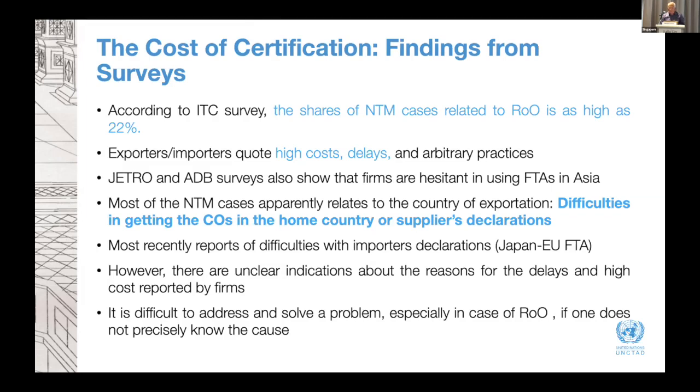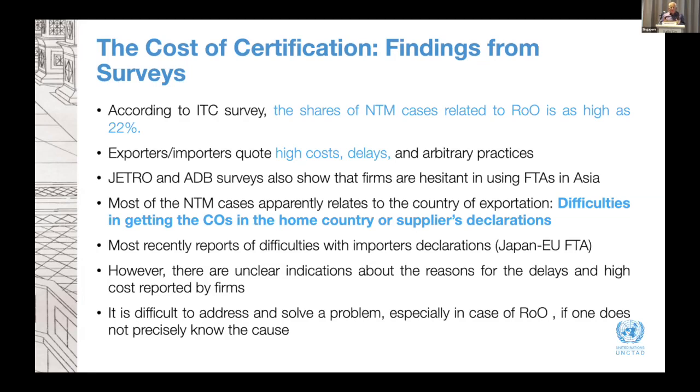The surveys done not only by ITC, but also by ADB in the past and by JETRO, the Japan External Trade Organization, found that firms have difficulties in proving rules of origin, in obtaining a certificate of origin, or in making import declarations at the time of importation.